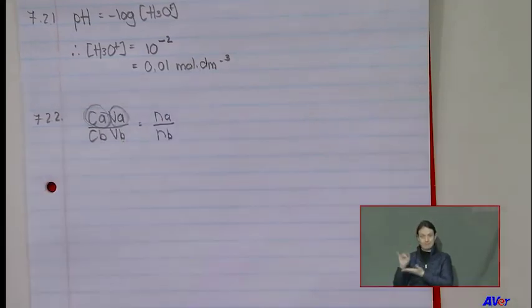But now, grade 12s, there's a few things that we need to consider. We now have a solution here, a final solution of 350 centimeters cubed, correct? And this final solution has a pH of 2, which means it has a concentration of, what did we calculate? 0.01 hydronium ions.